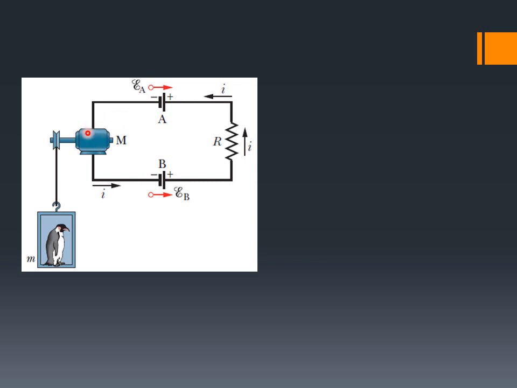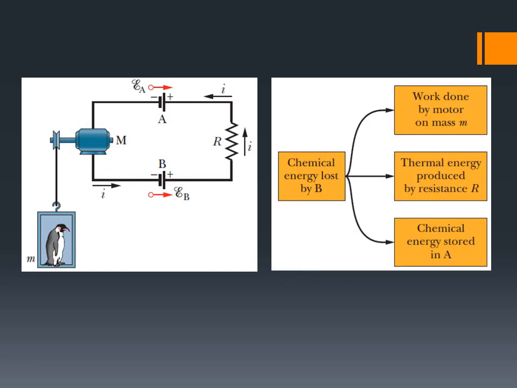The potential difference which is left, at that cost the work is done. So we represent it like this. This is the chemical energy lost by battery B. The energy which is lost in B is used in three places: one is the resistor, where it dissipates; battery A is charged; and work is done here.